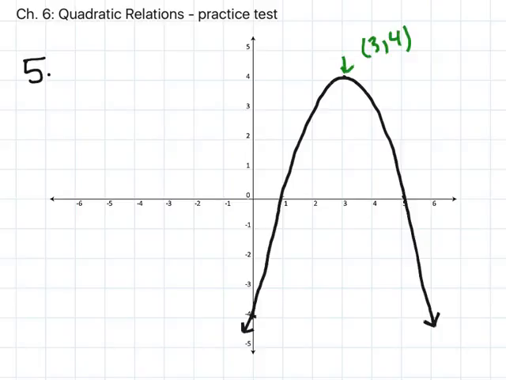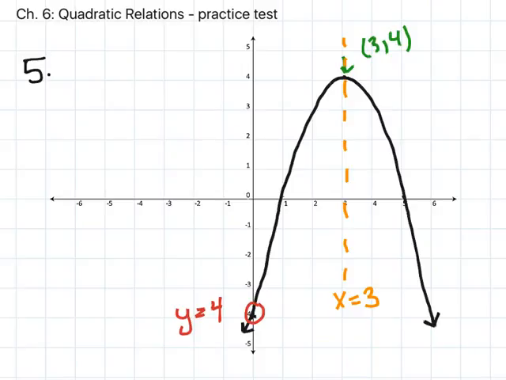Next is find the equation of the axis of symmetry. So that's this line here. So that would be x equals 3. Identify the y-intercept. So that's this guy. So y is equal to 4. D, does the parabola have a maximum or a minimum?